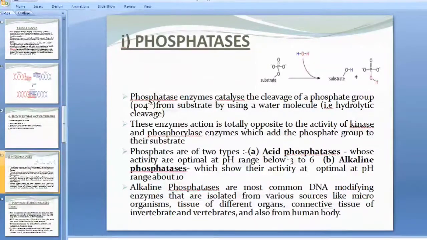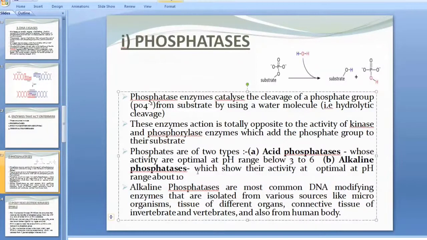Of course, these phosphatases are of two types: acid phosphatases and alkaline phosphatases. Acid phosphatases have their activity optimal at a pH range of about 3 to 6, whereas alkaline phosphatases show their activity at a pH range between 9 to 10.